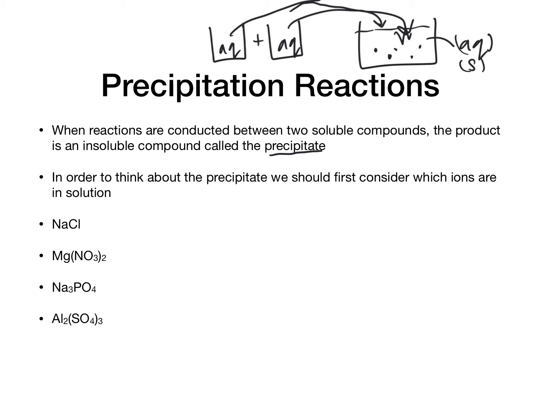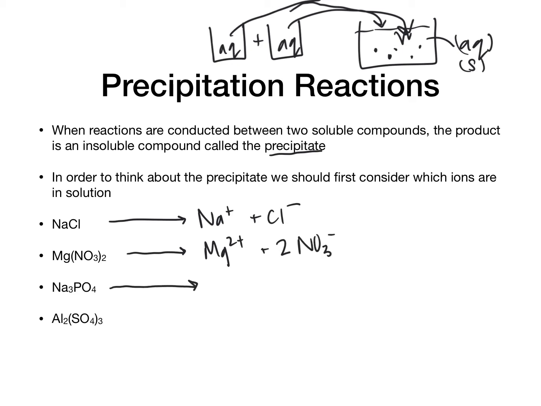In order to do this, we want to think about what ions are in solution. We're going to think about the polyatomic ions, and in this case, we are going to assume that all of these are going to be soluble. So sodium chloride dissolves into a sodium plus and a Cl minus. Magnesium nitrate dissolves into a magnesium 2 plus and 2 NO3 minus.